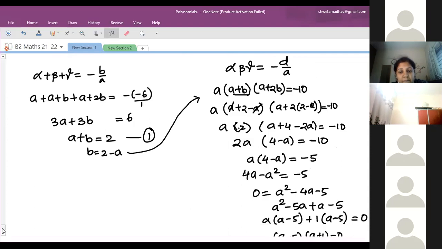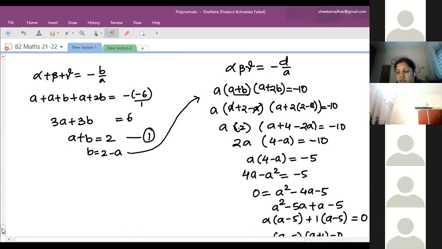Ma'am, in that step, from 2 into a plus 4 minus 2a, how did you go to the next step? How did you get 4 minus a? No, a plus 4 minus 2a is how much?